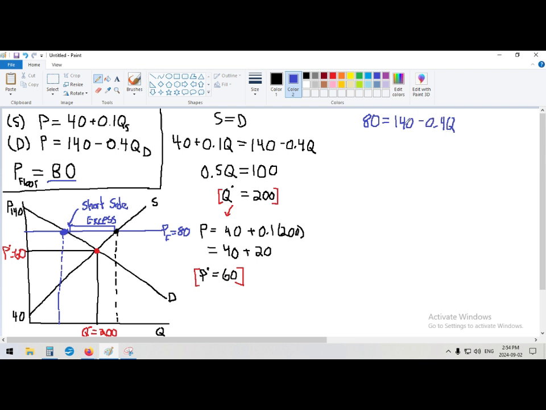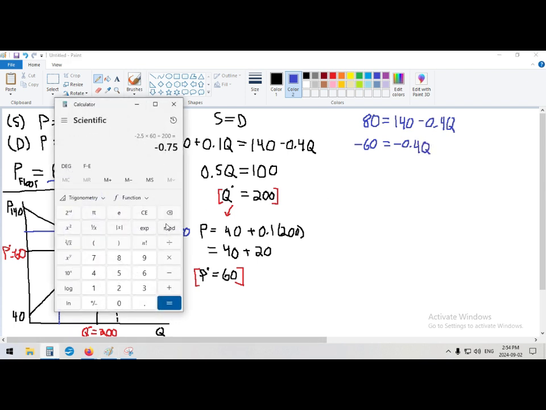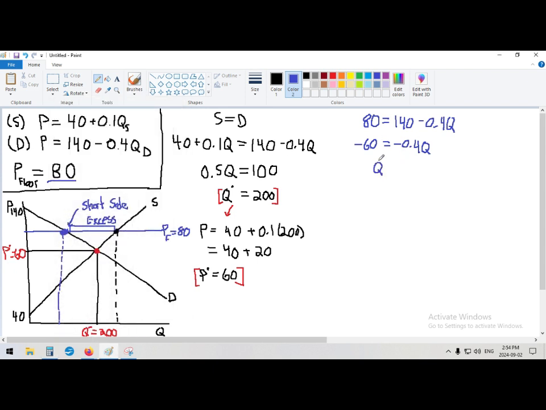Let's solve for Q. If we move the 140 over, we get negative 60, which equals negative 0.4 Q. Then 60 divided by 0.4 gives us 150. So our Q hat at this policy is going to be 150. That's this point down here for the new market quantity.